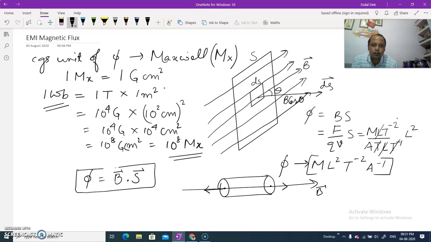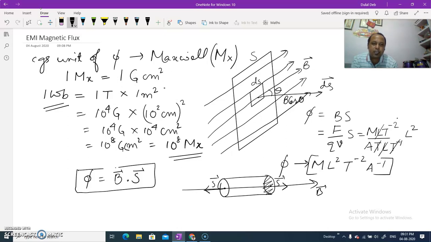So here this is the area vector, and suppose we write it with the symbol S. So area vector is in this direction, and here it is in the opposite direction. So the flux linked with this surface will be positive, because B and S have the same direction. Angle between them is 0.